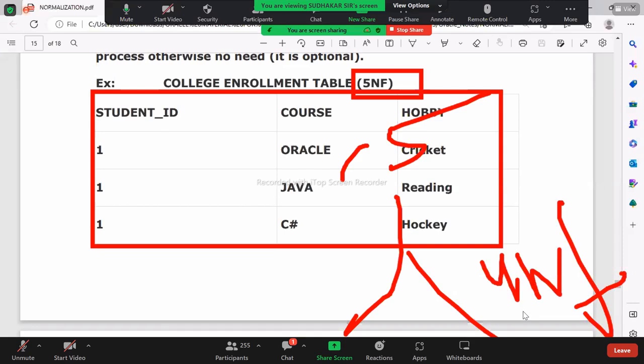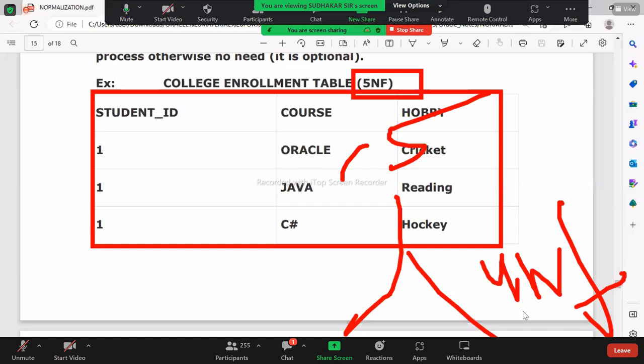If you're not splitting, no problem. Splitting comes under 4NF, not splitting, 5NF. That is the reason 4NF and 5NF are called optional. It's not mandatory to check and perform. If you check, no problem. If you don't check, no problem, because either one will come.